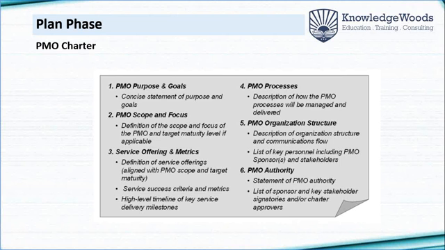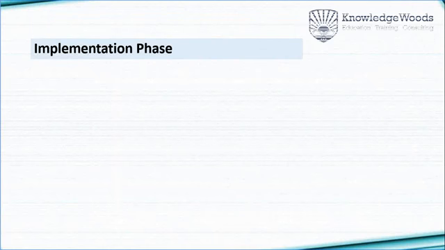Once the charter is signed, it talks about the next stages of your PMO implementation. The next stage is the implementation phase. Whatever we have planned till now, these core services, whatever the delivery mechanisms, what we have planned to do, the time to do it is the implementation phase.